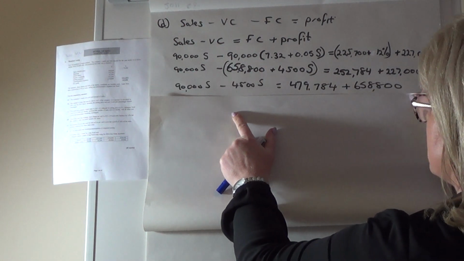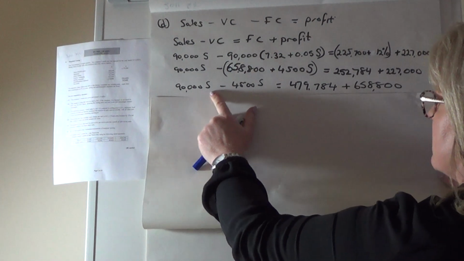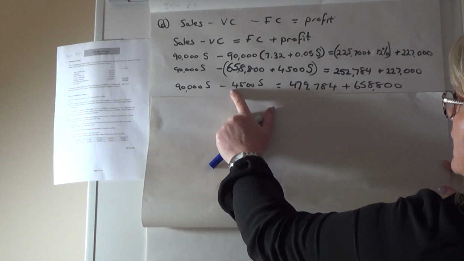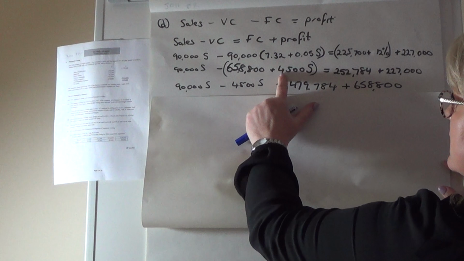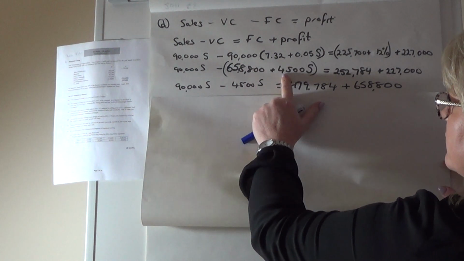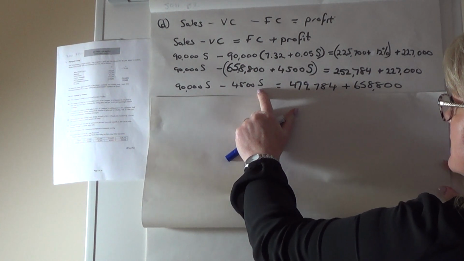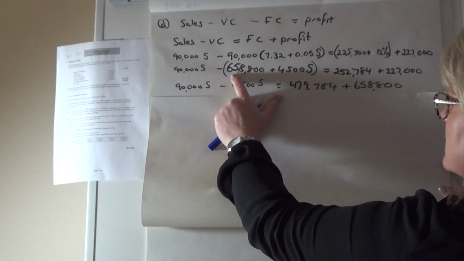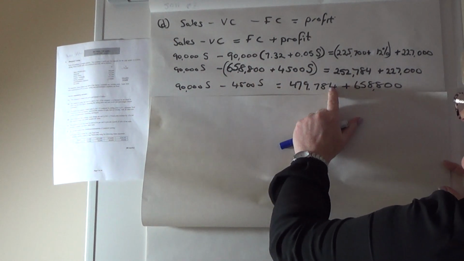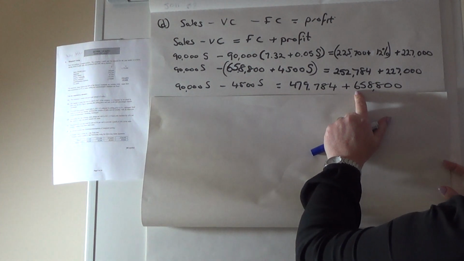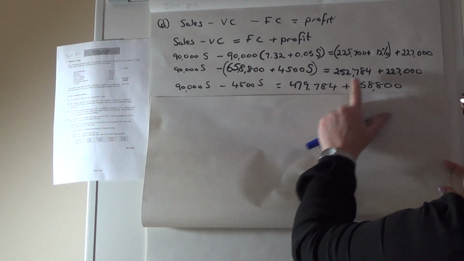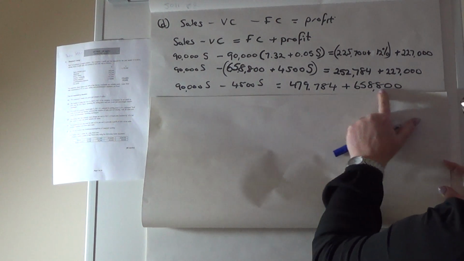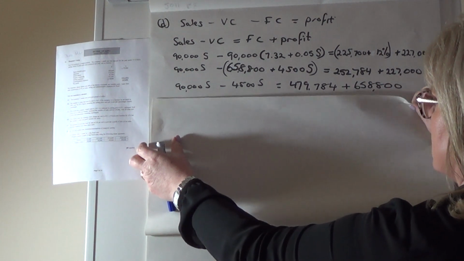So again, just narrowing it down, 90,000 by the selling price, and multiplying in the minus sign to that bracket, I have minus 4,500 by the selling price. And I'm bringing across this minus over to the opposite side, and it becomes a plus. So I'm adding it on to these other figures here, so I've consolidated those.